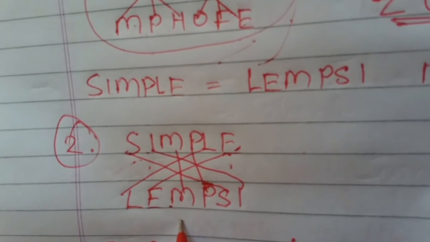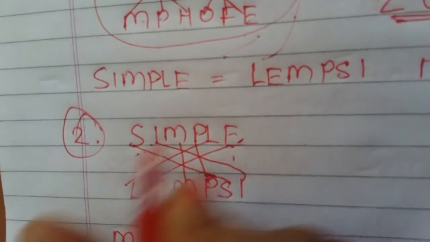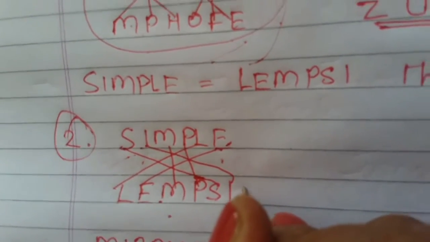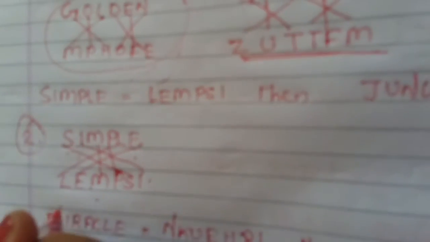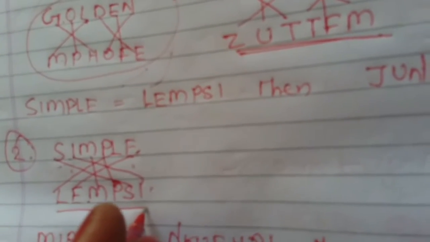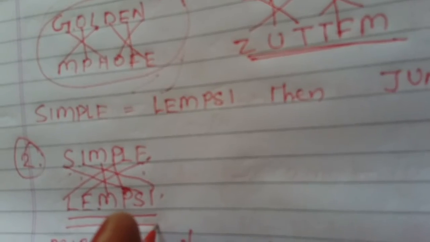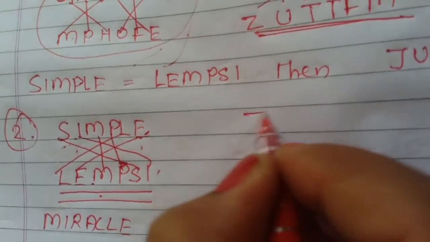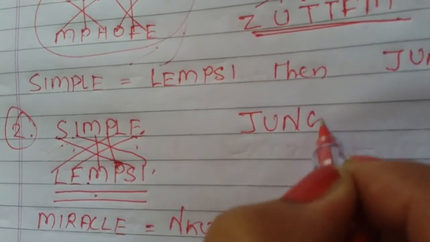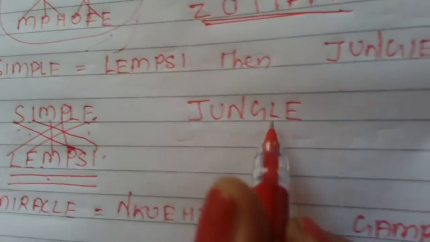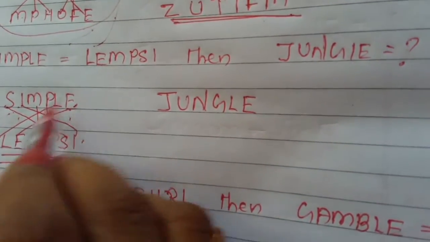We are not much familiar with these types of patterns, so here I am to tell you about them. These are very beneficial in exams like PO and clerk. So we have to find out JUNGLE. How would it come with this code?